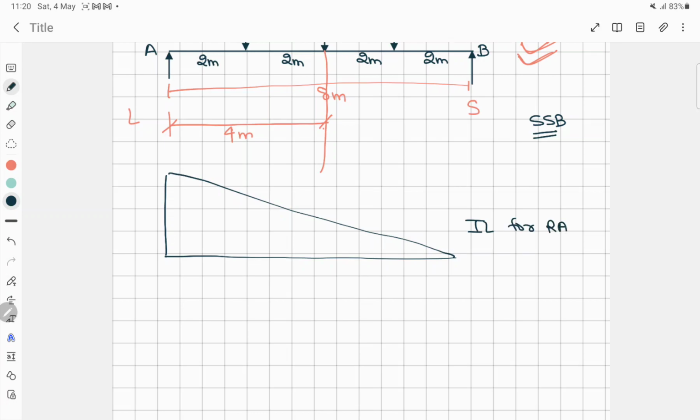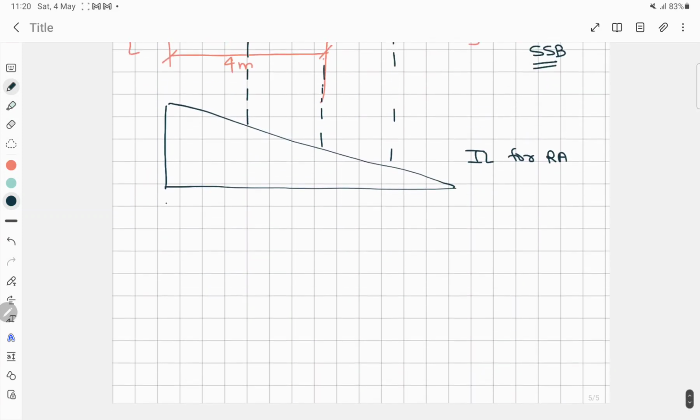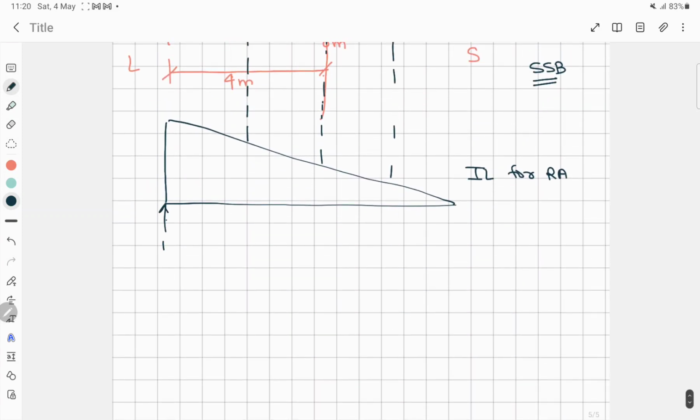Okay, so now see, we have to draw the imaginary line here. Here one load is acting at this point, again one load is there, and here also one load is there. And this point is RA, and here it's RB.